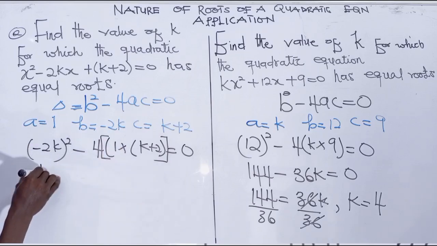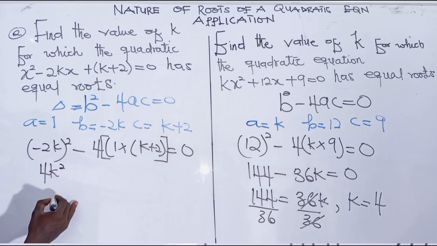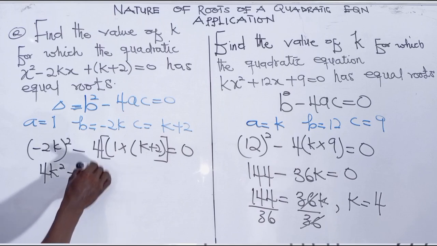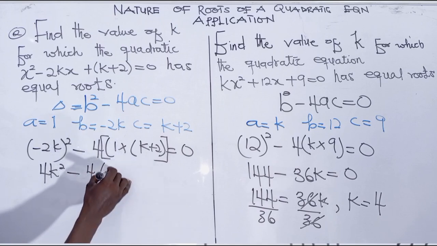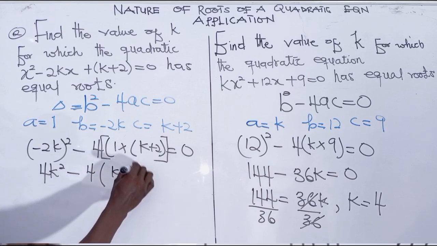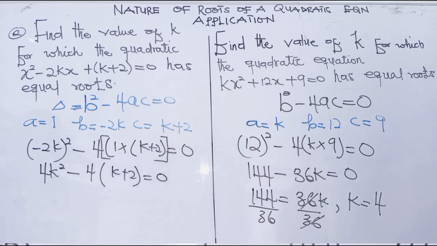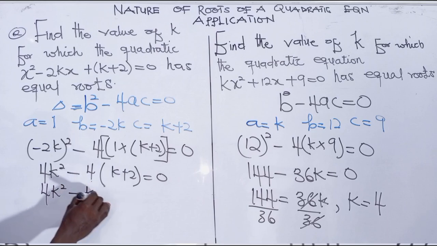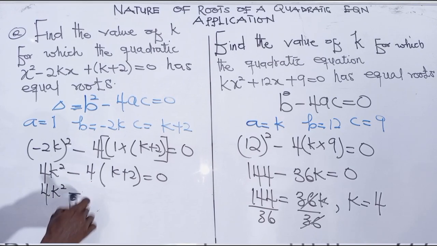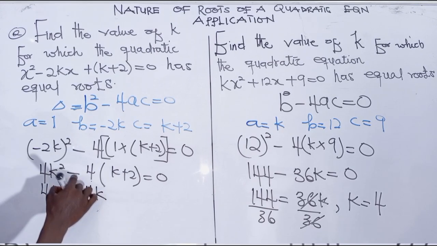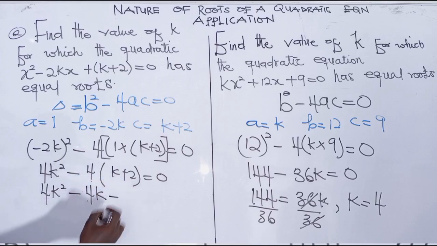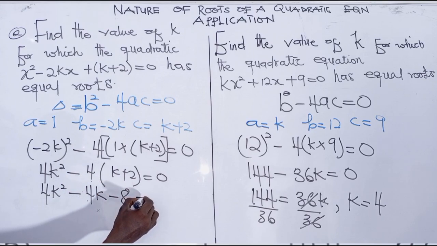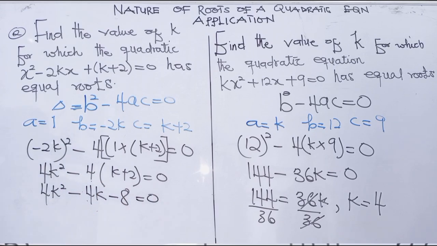This is going to give us 4k squared minus 4, times k plus 2, all equal to 0. We still have our k squared minus, let's expand the bracket. 4 times k will give us 4k. Then we have minus 4 times 2 gives us 8, is equal to 0.